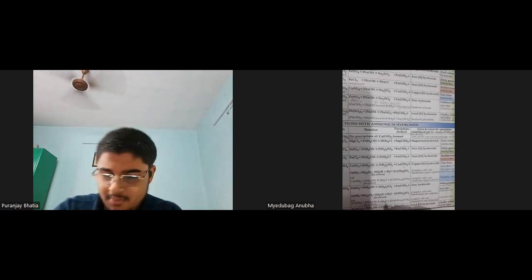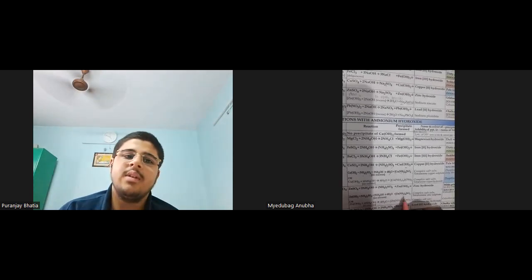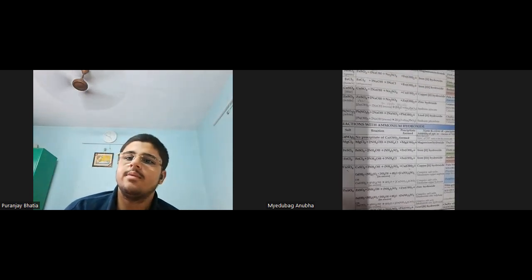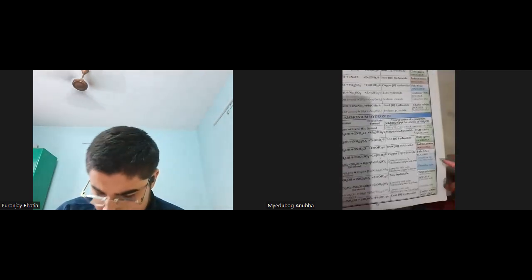So here we are getting again a complex salt. The name of this complex salt, again we are getting 4, is tetraamine zinc sulfate. The color changes from white gelatinous to a colorless solution.